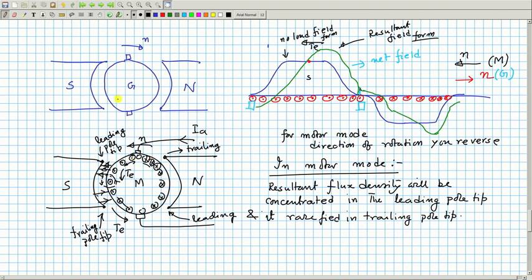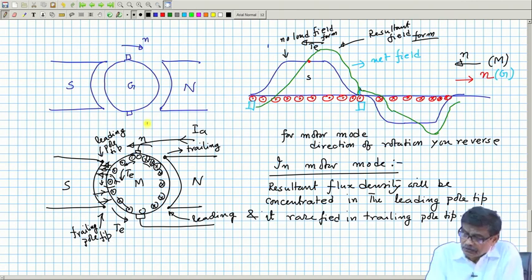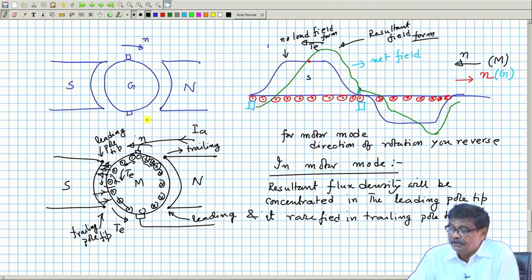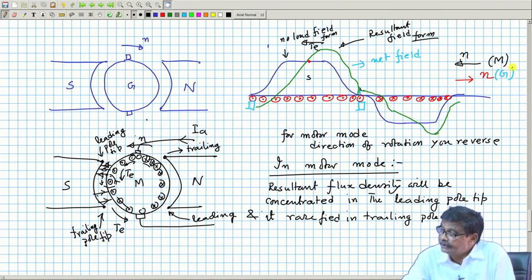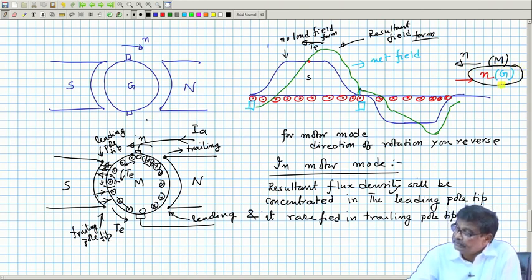To compensate for that, you have to bring in the interpolar winding. Small thin pieces of poles will also be placed here, which will be called interpoles. What do you think the polarity of the interpole will be if it is acting as a generator? Because this flux is going to induce voltage in the conductors which are undergoing commutation.